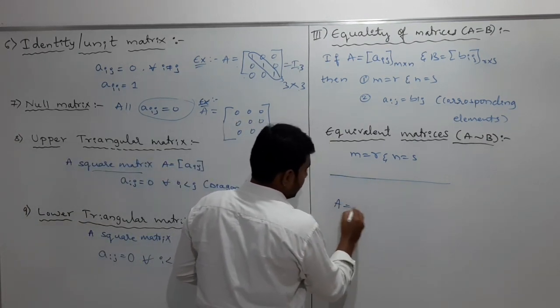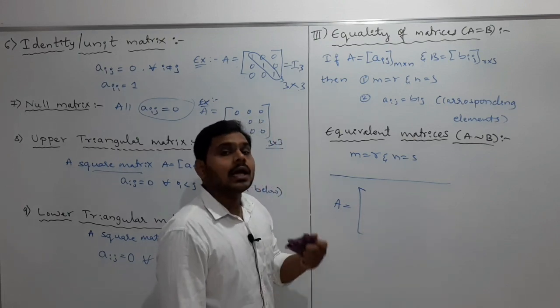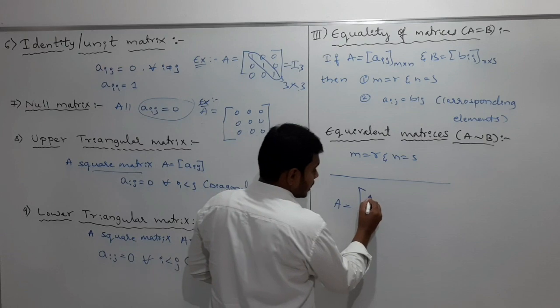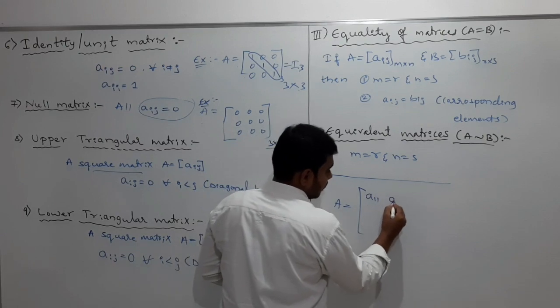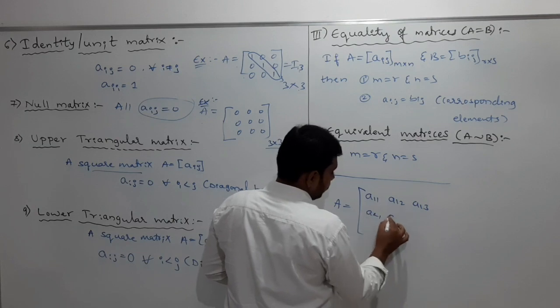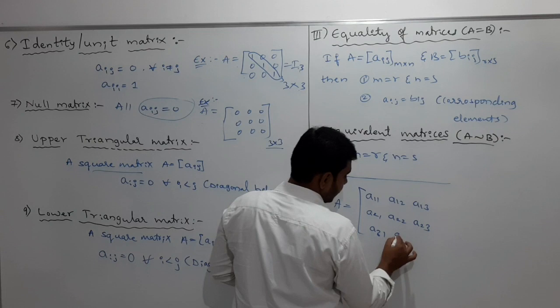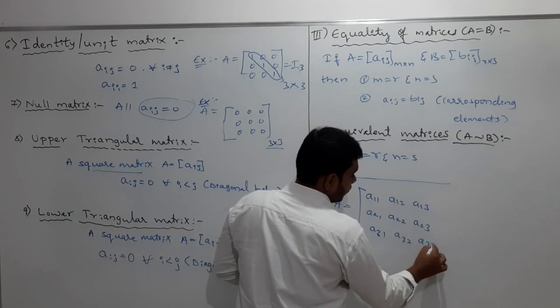I'll consider one matrix A of the order 3 cross 3, and we know that in a 3 cross 3 matrix, in general the elements will be like this: A11, A12, A13, A21, A22, A23, and next A31, A32, A33.